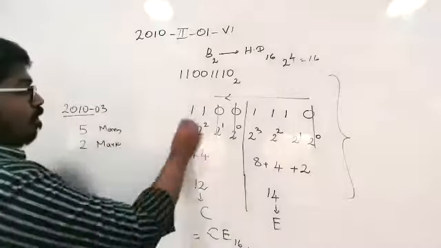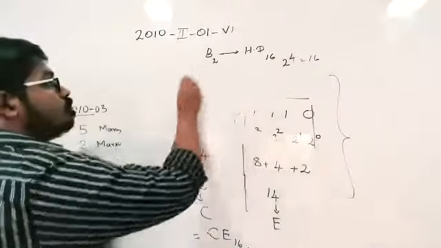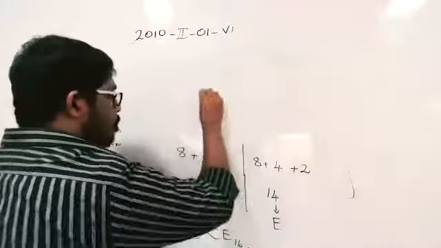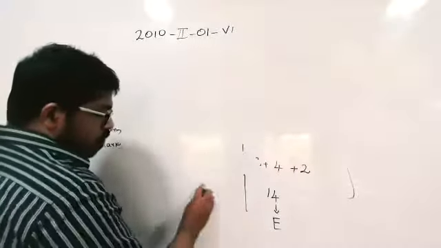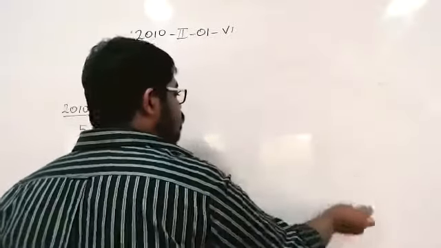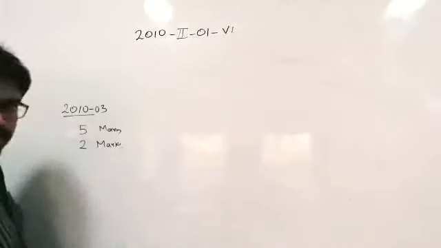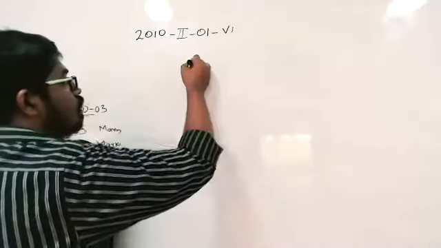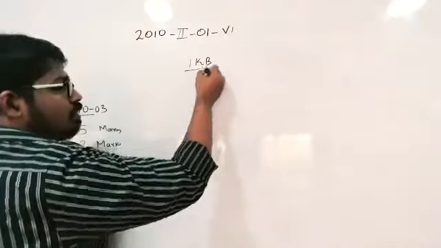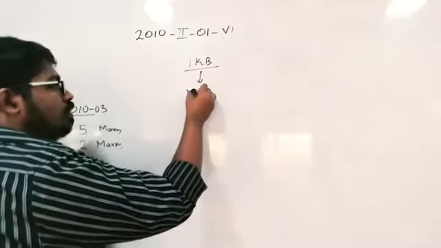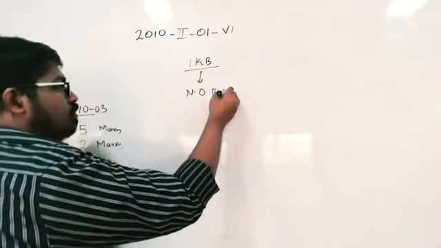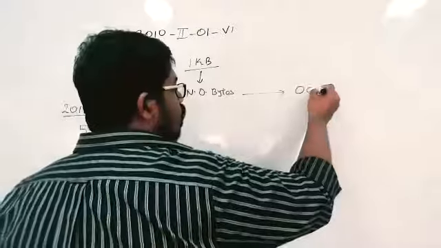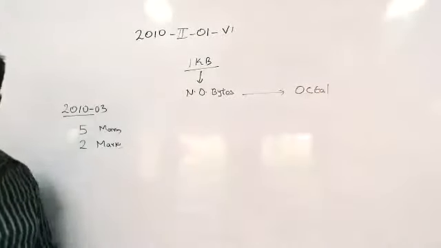So here 1 KB is given, you have to get the number of bytes and then convert the number of bytes into octal equivalent.